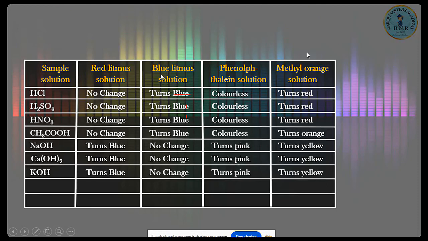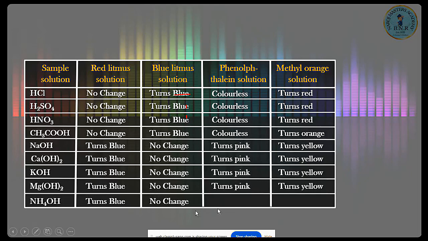Blue litmus paper turns red in acid, remains blue in base. Red litmus, no change in color in acid, changes to blue in base. Magnesium hydroxide is also known as milk of magnesia. Turns blue, no change, turns pink, and turns yellow. Ammonium hydroxide: turns blue, no change, turns pink, and turns yellow.